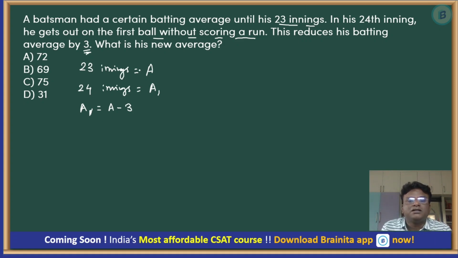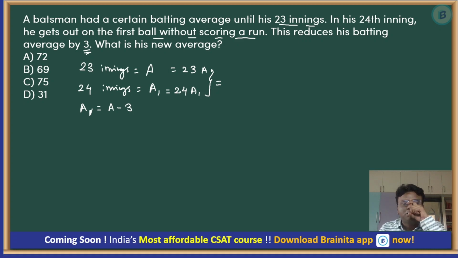Now what is the second thing? This is very important, right? The total number of runs he scored after 23 innings is 23A, right? The total number of runs that he scored after 24 innings is 24A1, but these two values are the same.